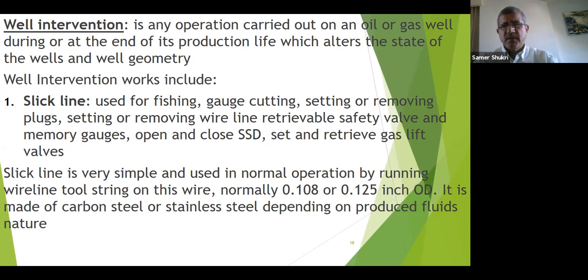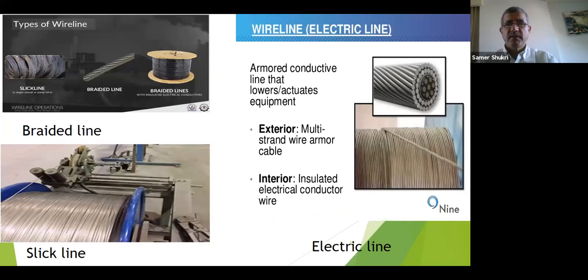The two main sizes of slick line are 0.108 and 0.125 inch OD, and we have carbon steel or stainless steel. Stainless steel is used with high H2S. You see them? These are the wireline and electric line, so two types.